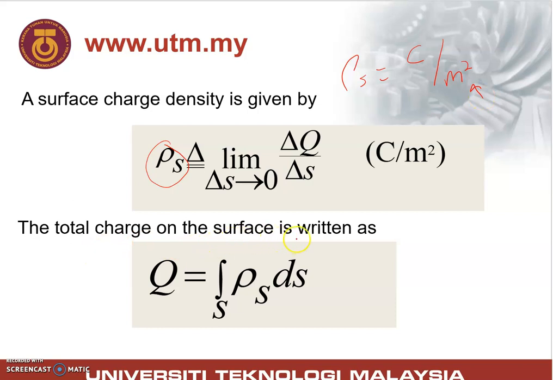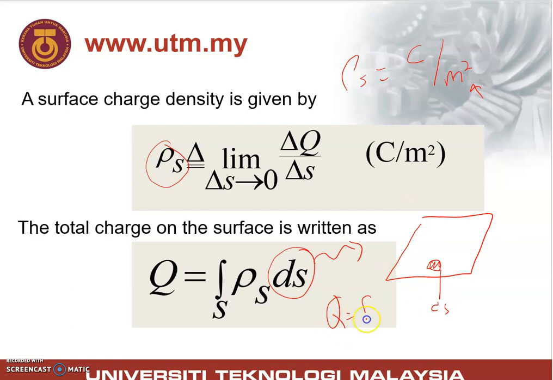The total charge on the surface is written as Q equals the integration over S of rho s dS. This will use the surface according to your Cartesian, cylindrical, or spherical coordinates. For example, if you have this surface and a small sample of charge here, this is your dS. But if you want the whole charge, then you use the integral over S of rho s dS.